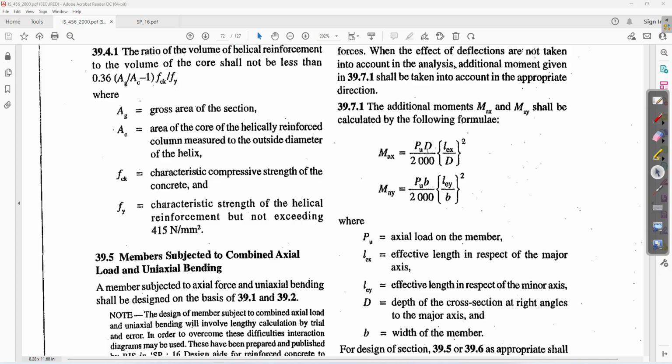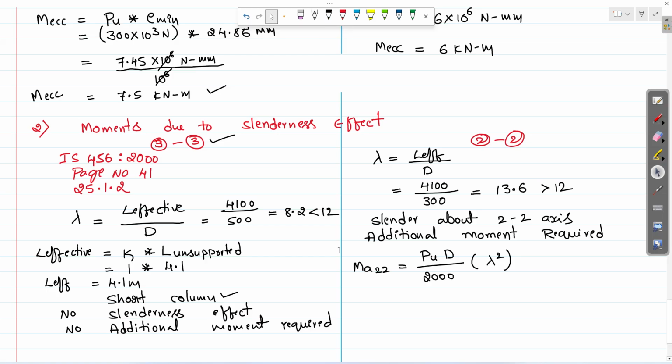So here PUD divided by 2000 into LEX by D whole square. So LEX by D can be written as lambda. So here PU is 300 axial load, depth will be 0.3.